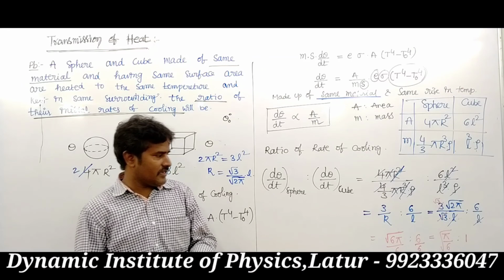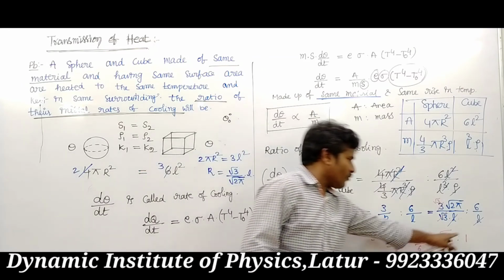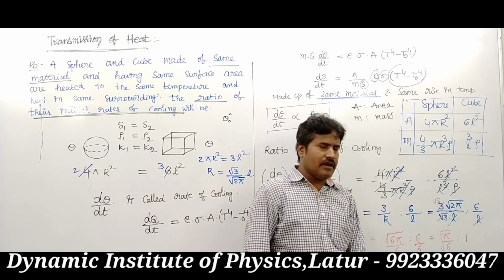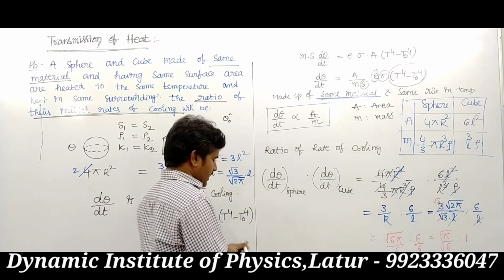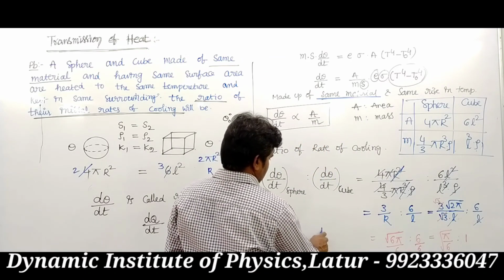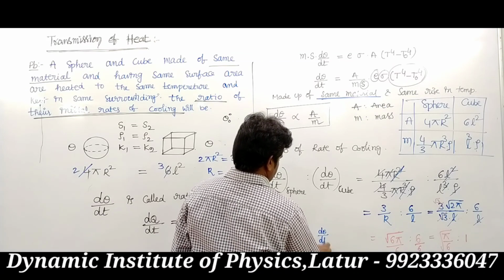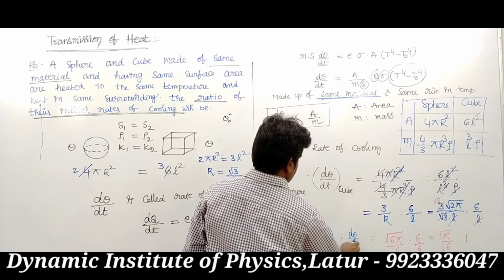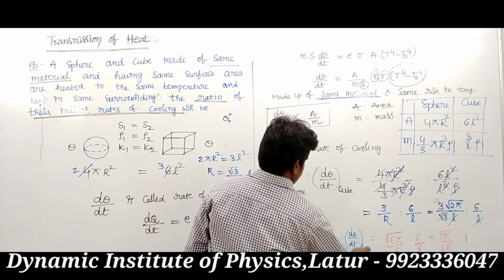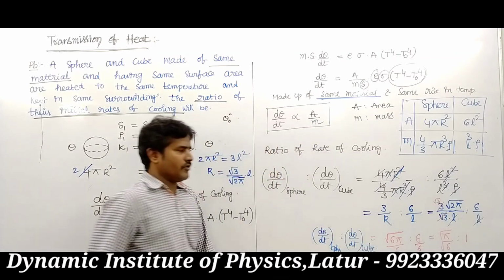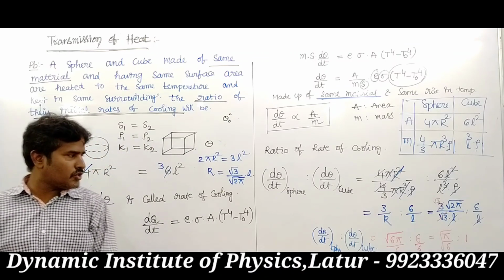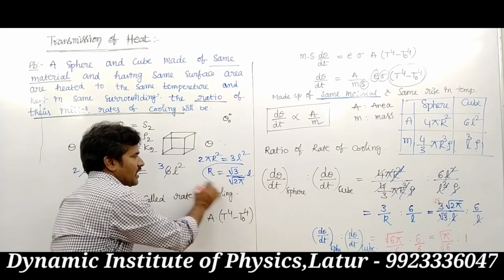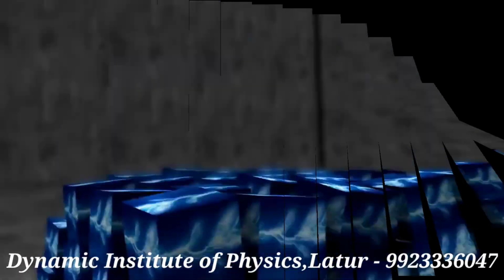So d theta upon dt of sphere is to d theta upon dt of cube as root pi by 6 is to 1. This is the relation between R and L.